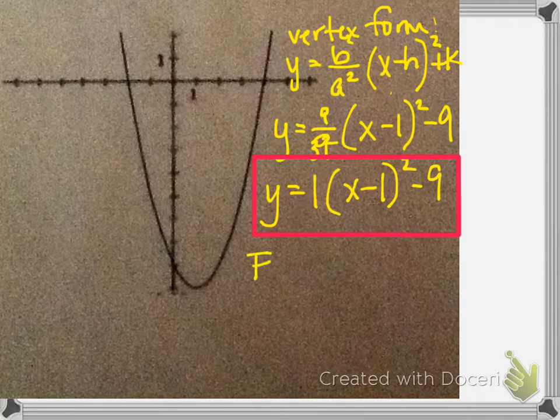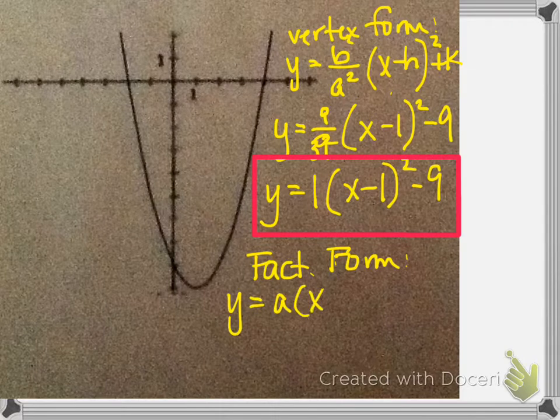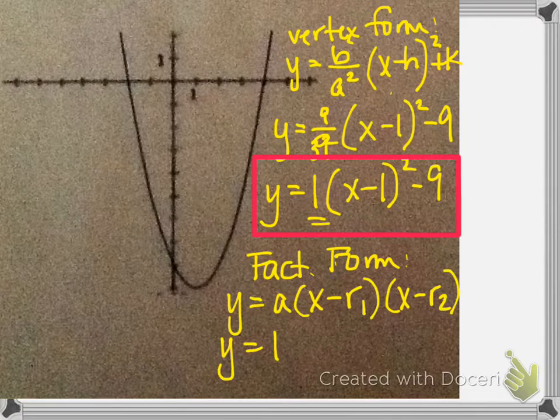Okay, let me erase what I got going on here. Factored form. Y equals a times x minus root 1 times x minus root 2. A is going to be a 1 because it was in this problem. So root 1, root 2. So this is negative 2, 0. So there's root 1. This is 1, 2, 3, 4. So this is 4, 0.